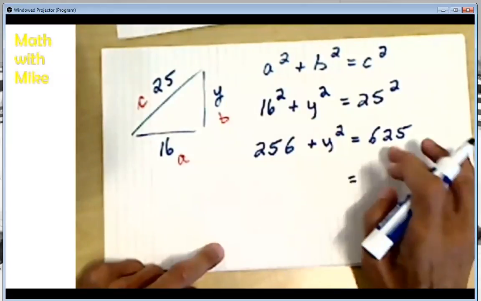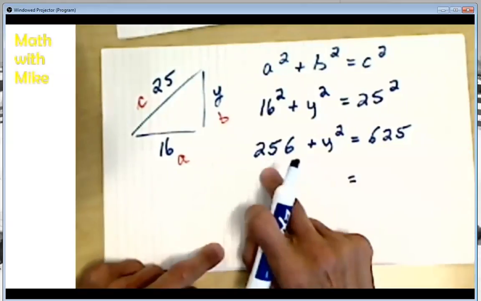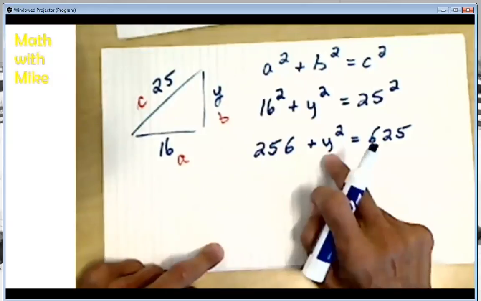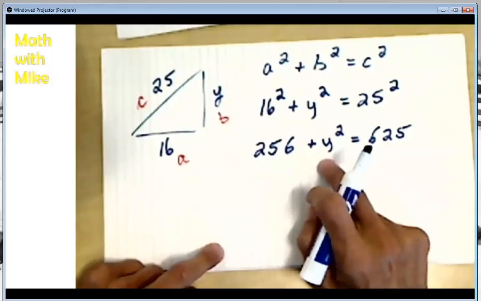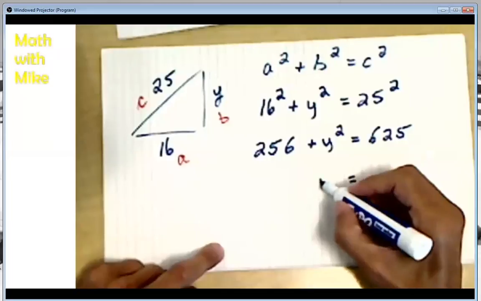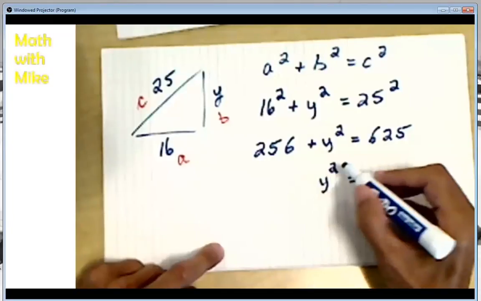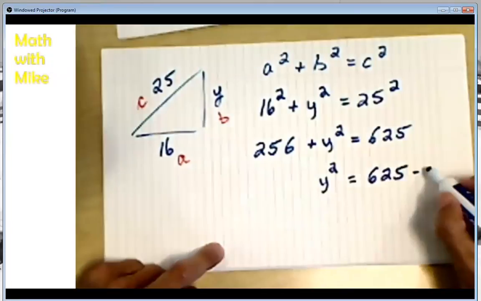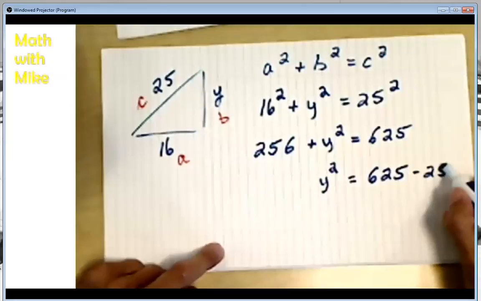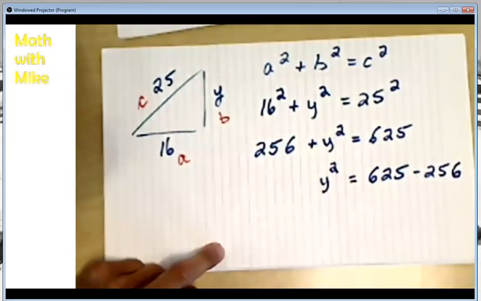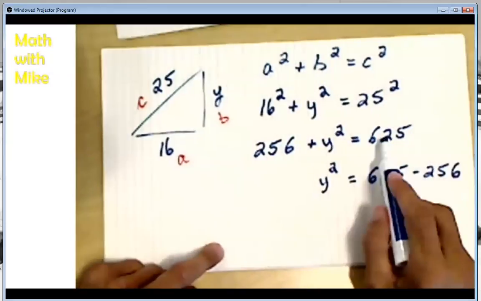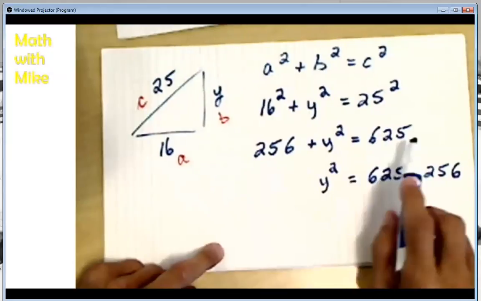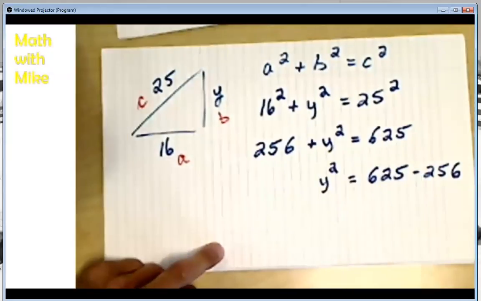This one's going to stay, but we're going to switch the 256, because we want to have plus y squared by itself. So this one just stays there, but this one changes because we go over like that. Subtract.